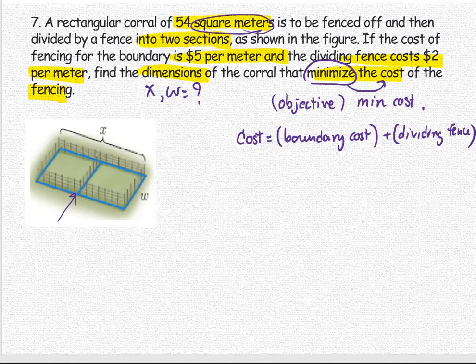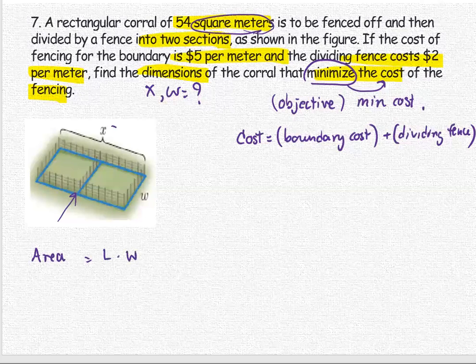We know that we have the area, because the unit is square meters. So the area is 54 square meters, or the limitation. The area is the length times the width. The length is x and the width is w.